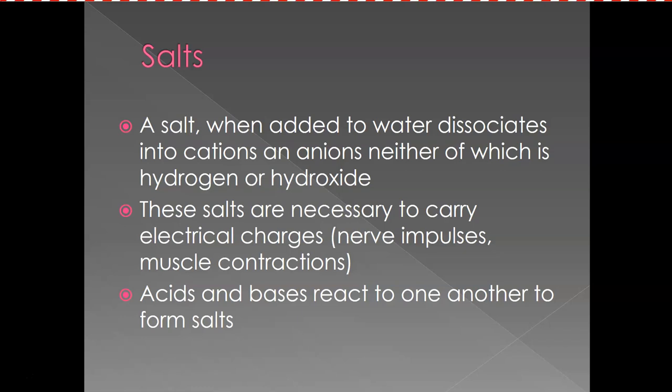So we have three solutions we're looking at: an acidic solution, with hydrogen ions; an alkaline solution, with hydroxide ions; and a salt, which has neither hydroxide nor hydrogen in it. But salt solutions are important for carrying electrical impulses, such as nerve impulses and muscle contractions.